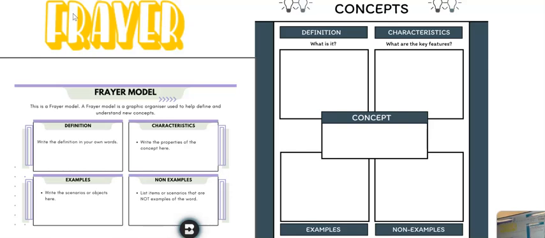Now, remember, if you did your job on Tuesday, the characteristics should be done already too, because you should have highlighted those 5 keywords. So for the characteristics box, you're going to write down those 5 keywords that you have already identified. Examples. You need to have 4 examples of minority rights.